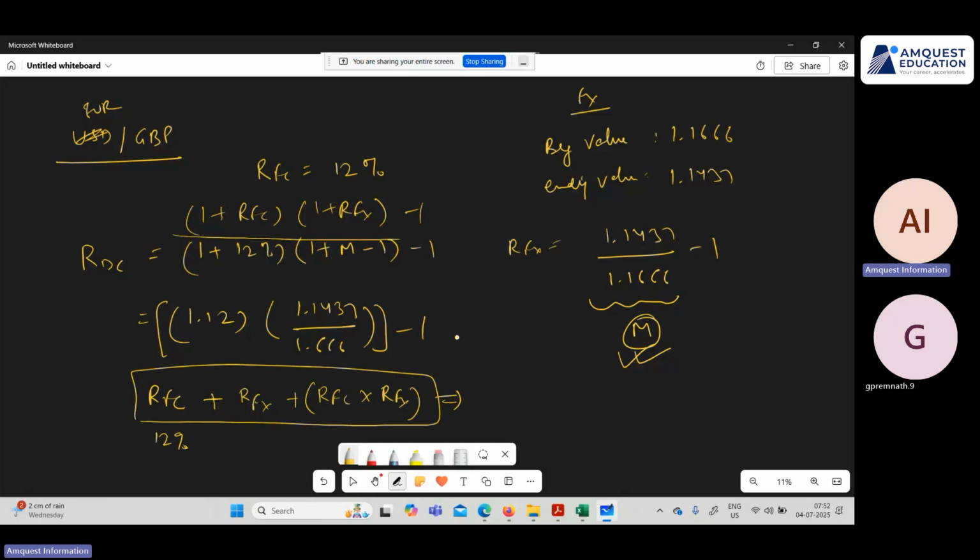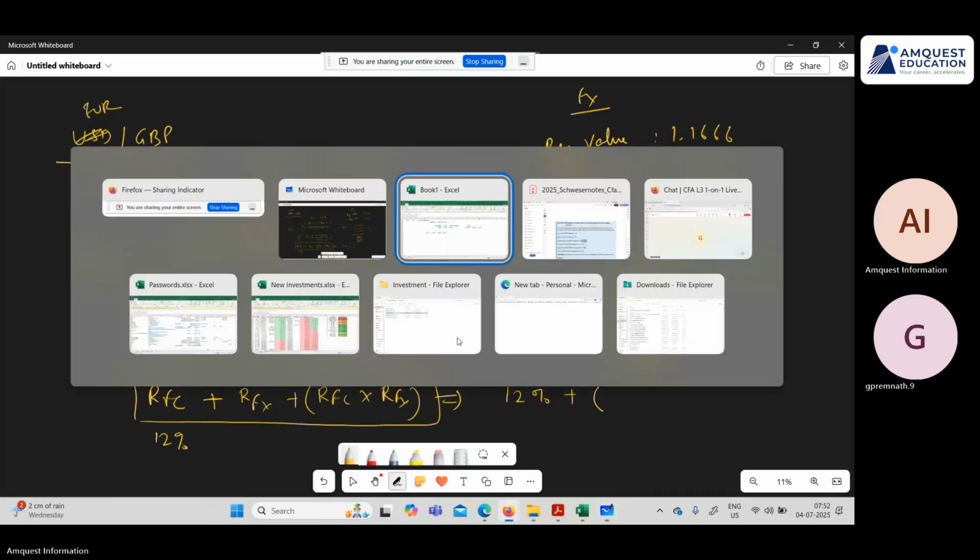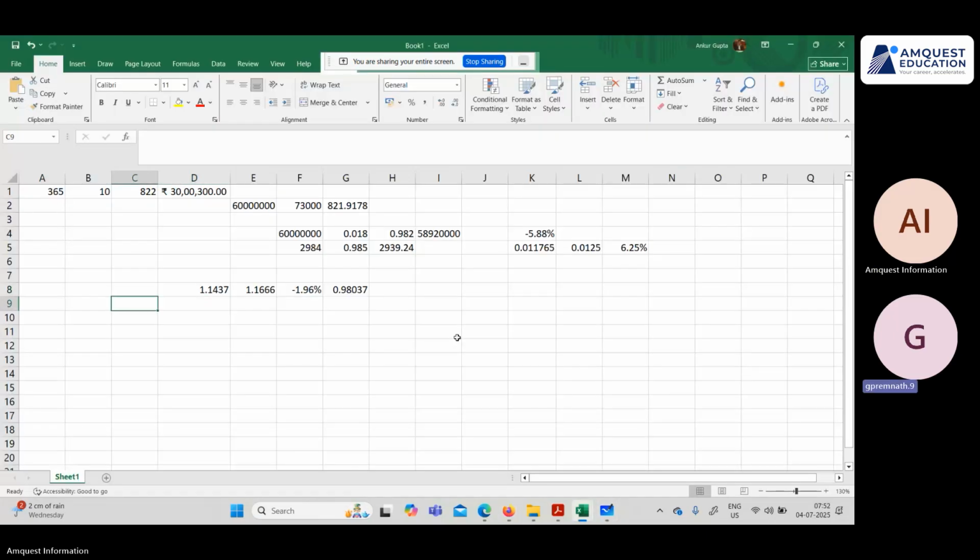So this is 12%. How much is this in terms of percentage? Negative 1.96.